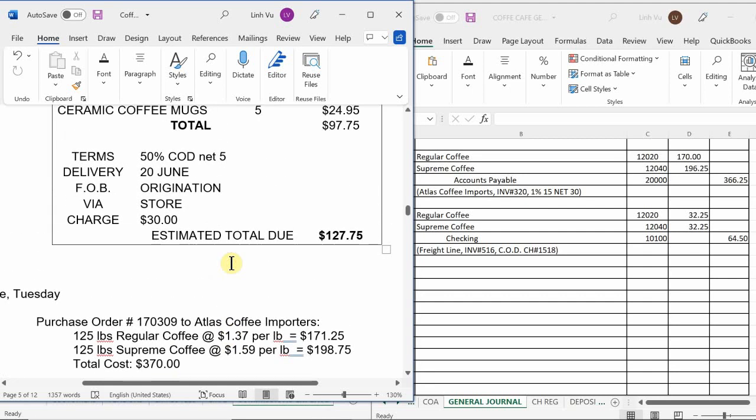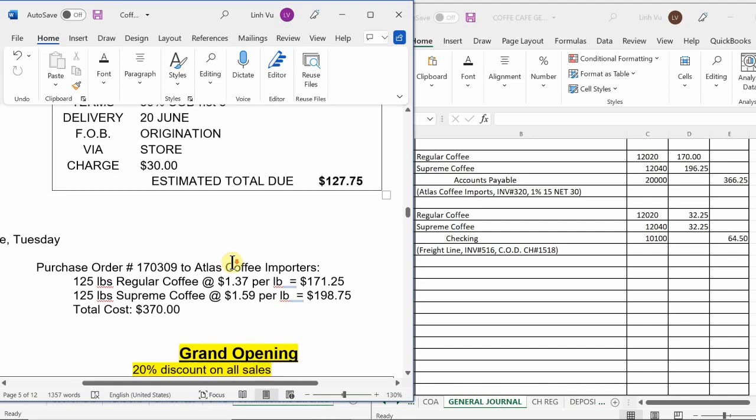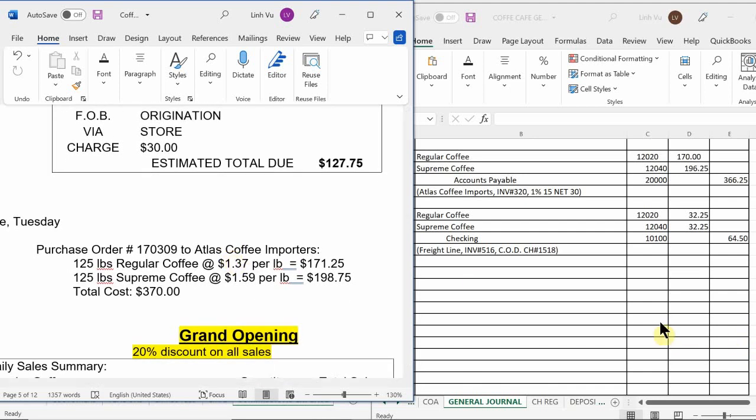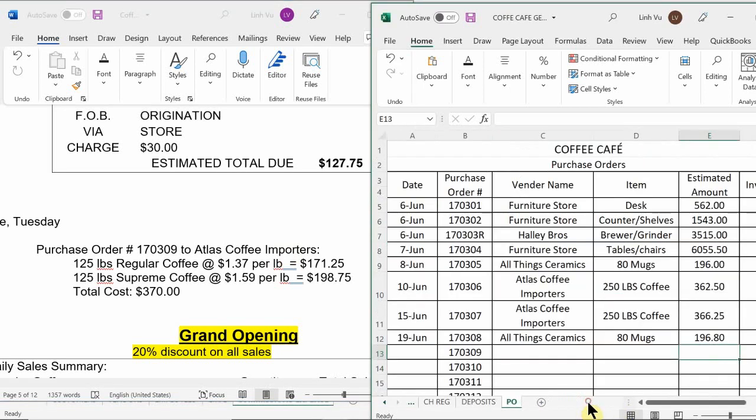So then it says right here, we're going to also put in another purchase order for some more regular and supreme coffee. So go back to your purchase orders here, for the regular and supreme coffee.